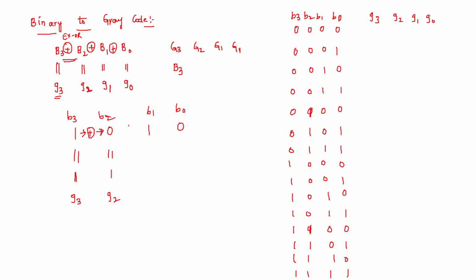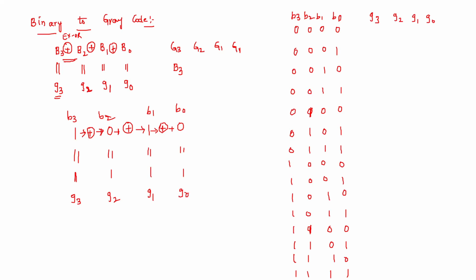Similarly, do the XOR operation between B2 and B1. 0 XOR with 1 is 1 here. And 1 XOR with 0, so I am getting 1 here. This is G1 and this is G0.